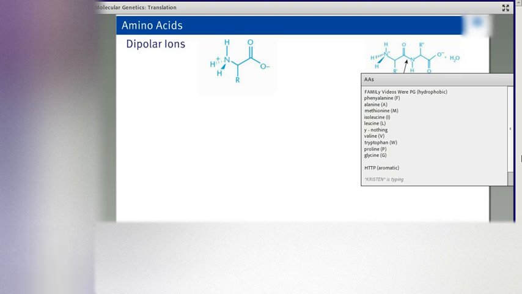Yeah, and you've got to be careful with some of these mnemonics, because the first one I gave you went by their one-letter code. This one is just a mnemonic to remind you of ones that start with this first letter. So what would these T's represent? What are the other aromatics? Yeah, tyrosine and tryptophan.